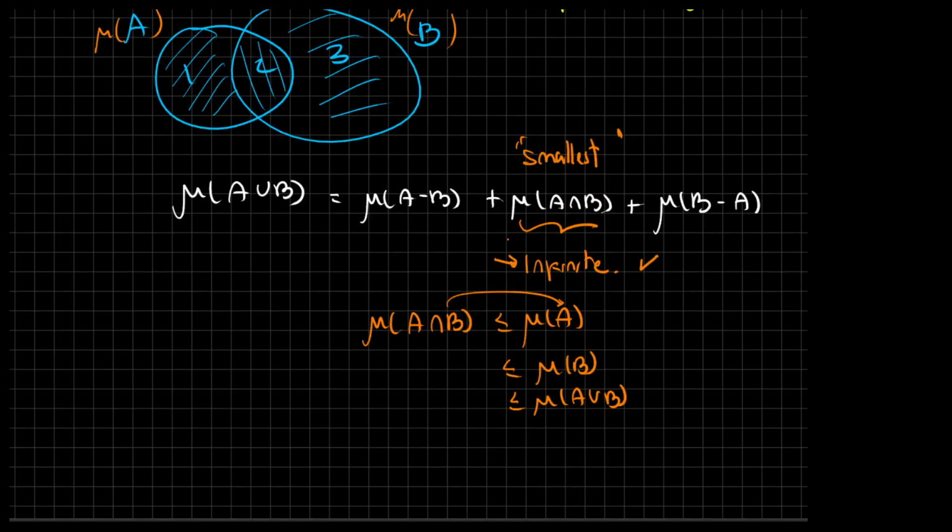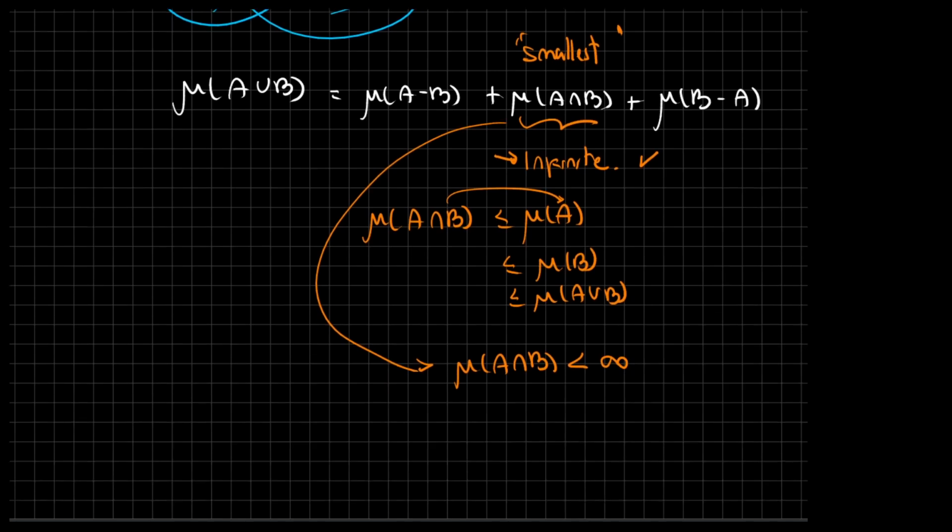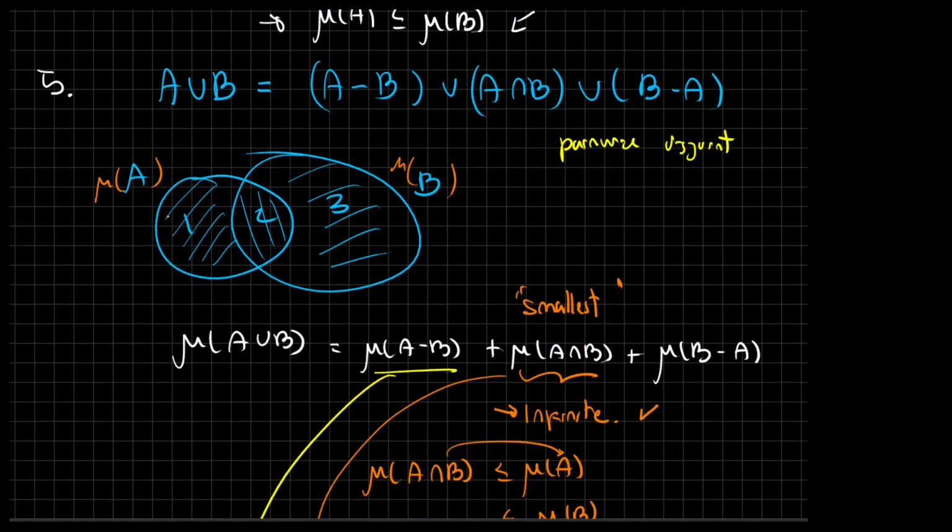So the other case will be that this intersection is finite. So if this intersection is finite, what happens? Well, we can write A minus B as A minus A intersection with B, because the only part of B that makes any change when you consider A minus B is its intersection with A, right?